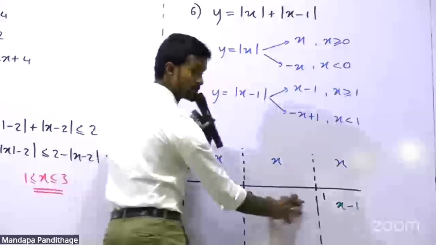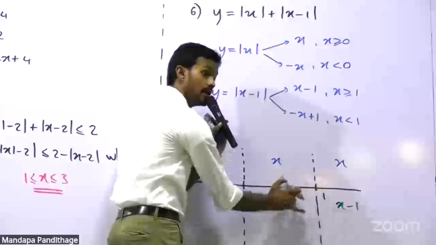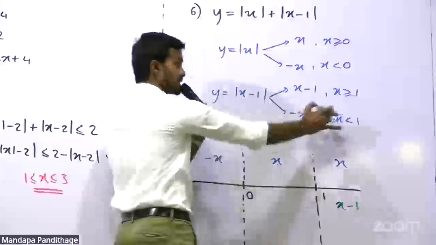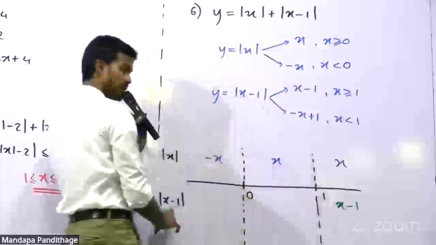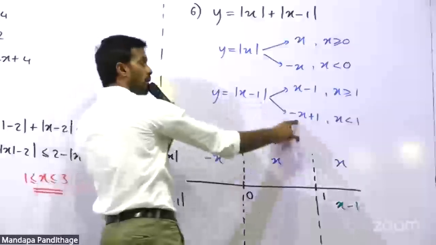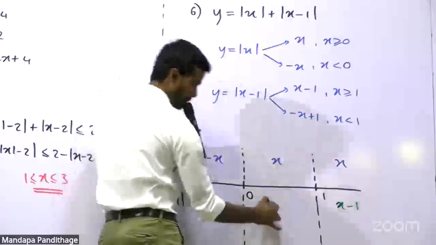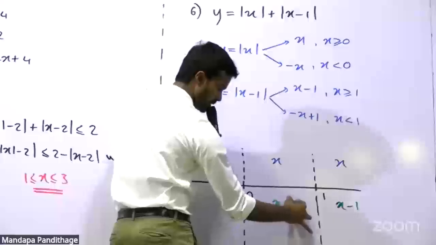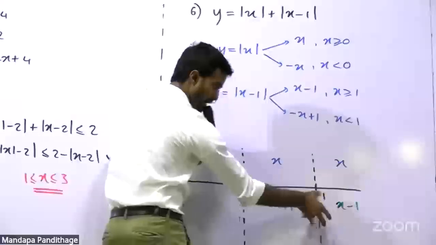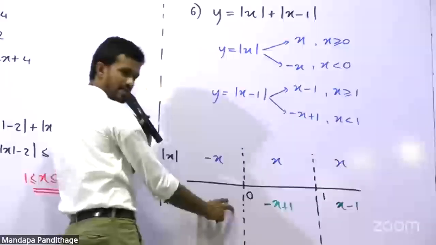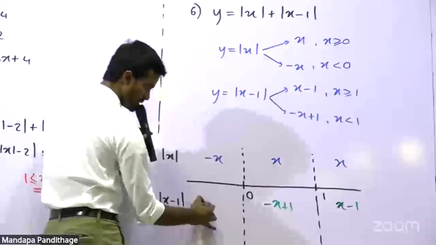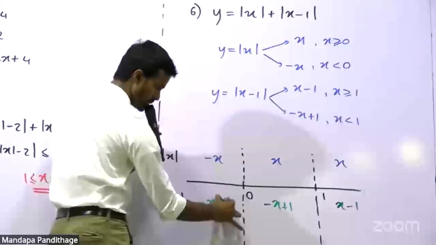And now, what is this range? X is less than 1. So in this range, when it is less than 1, what is modulus x minus 1? It is minus x plus 1. Even this part is less than 1, so even this is minus x plus 1.